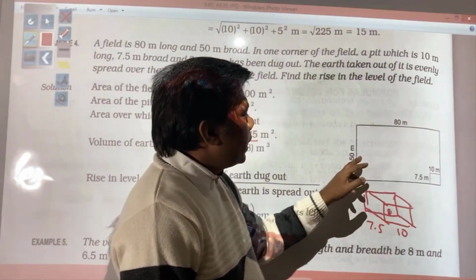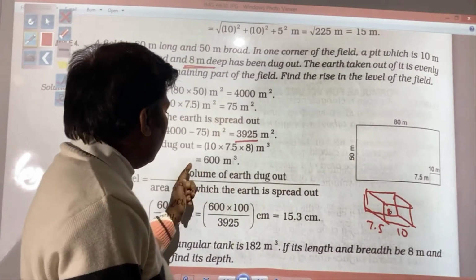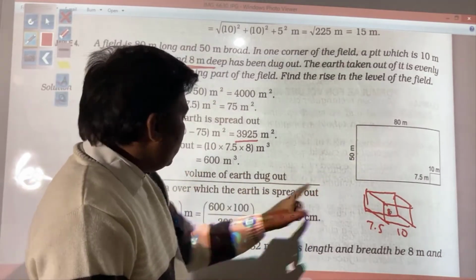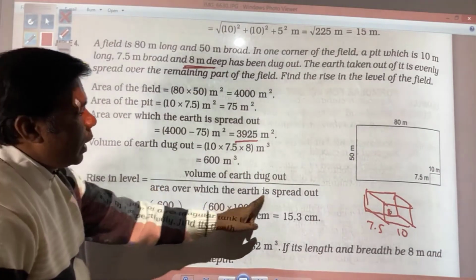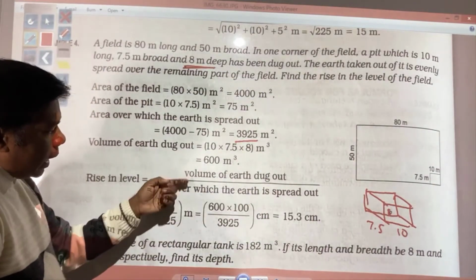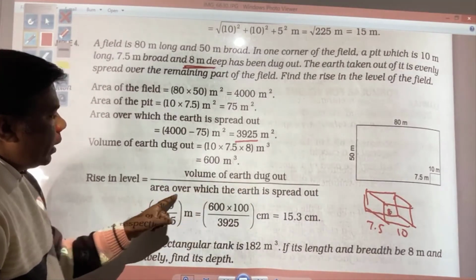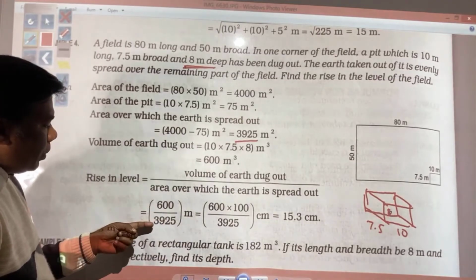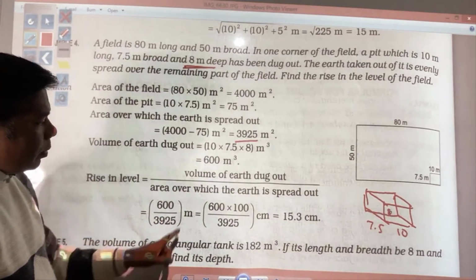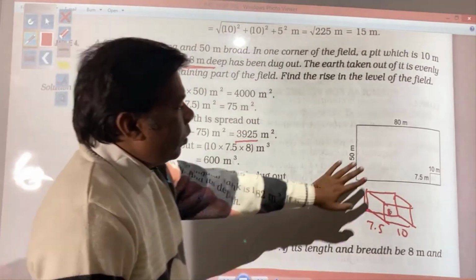The volume of this area would be L into B into H. So H would be volume of the earth dug out divided by area over which the earth is spread out. Or directly you can put this formula. So this will be 600 by 3925. It means 15.3 centimeter.